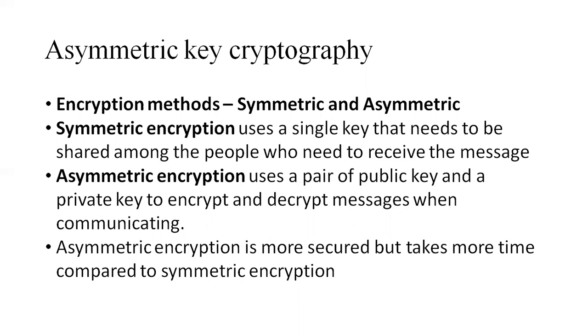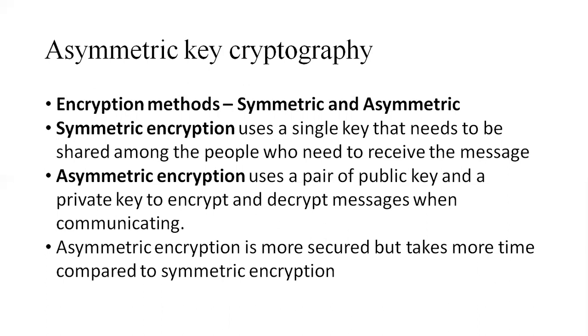Suppose a sender wants to send the message to 3 recipients. Then the sender has to share the key which he has used in converting the plain text into ciphertext with all the recipients. All the recipients should have that key in order to convert the ciphertext back into the plain text. Whereas asymmetric key encryption uses a pair of keys.